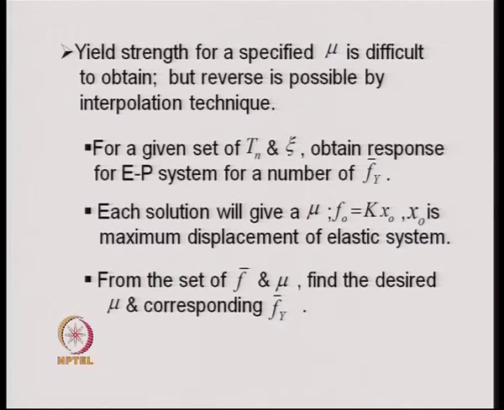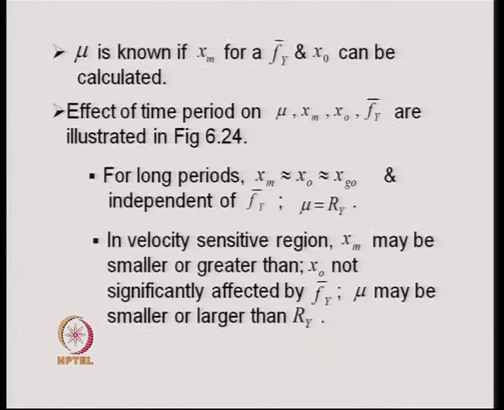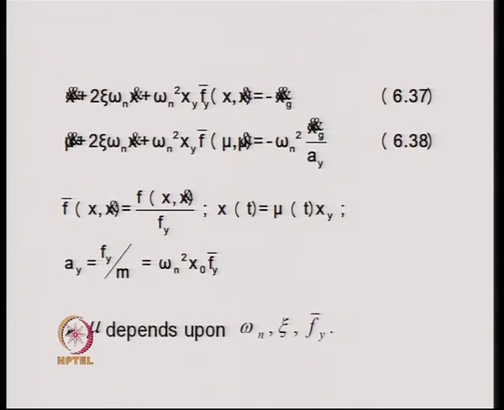because of the equation that we had formed before, and that was the intent of writing down equation 6.38, that is, converting the x dot variables into mu dot variables. If we solve this equation for different values of f bar y, then for different values of f bar y we can get different values of mu.